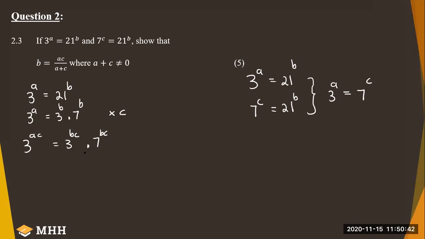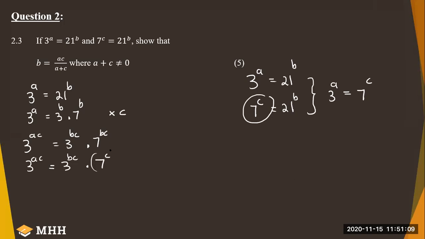Right? Now, what do I have here? I sit here with 7 to the power of c. I can substitute 7. What I'm going to do here, I'm just going to write this as 3 to the power of bc times 7 to the power of c.